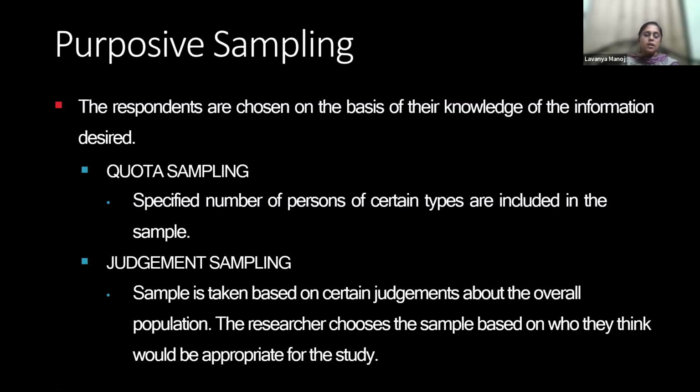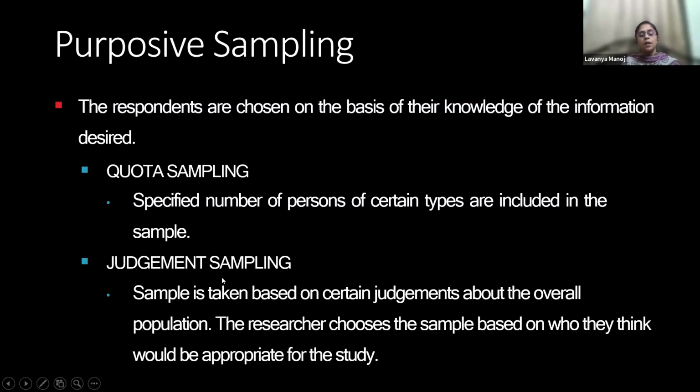This is an example of quota sampling because these persons have almost the same likes and dislikes. All they look for is the experience of watching that movie.